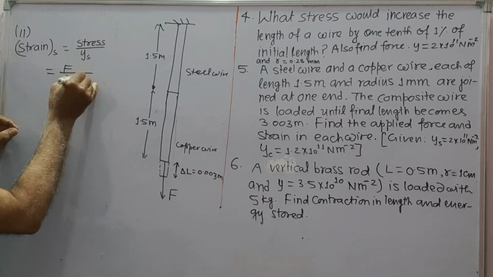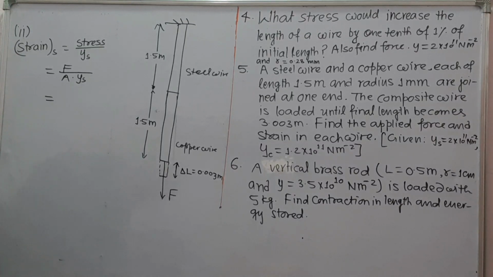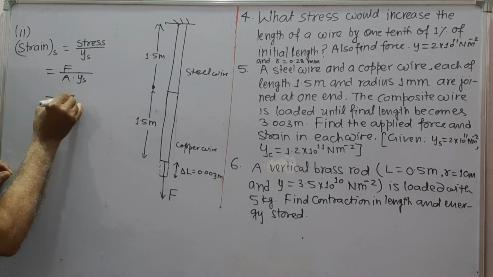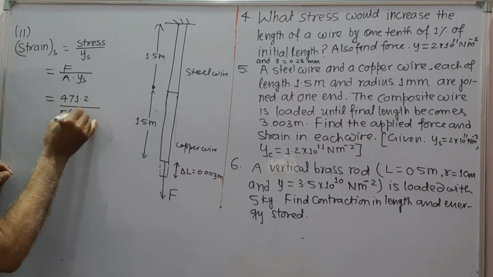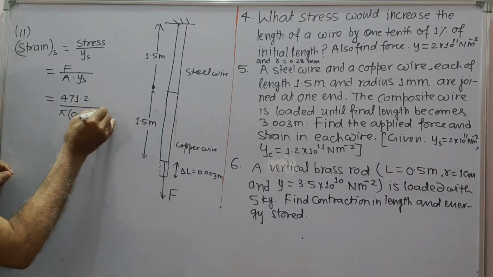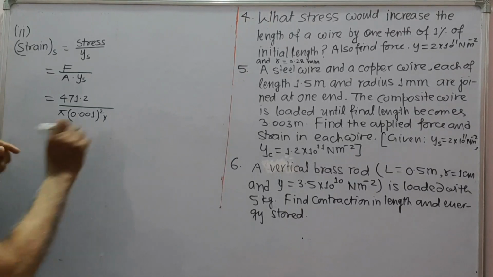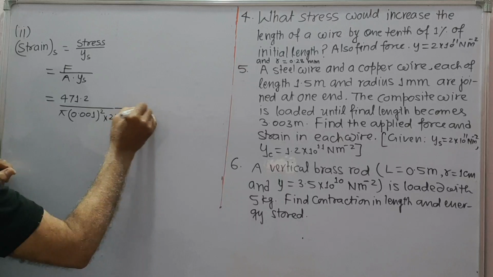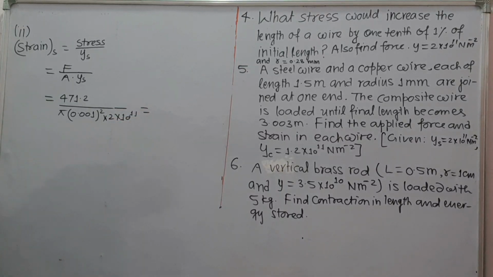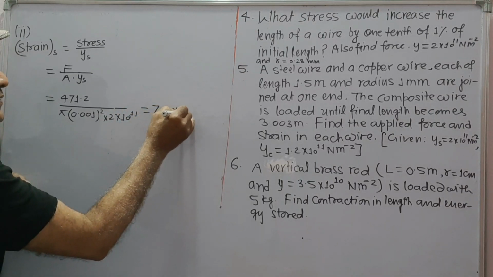Force has been calculated to be 471.2 upon pi into 0.001 square into Y steel, which is 2 into 10 power 11, which gives strain in steel as 7.5 into 10 to minus 4.